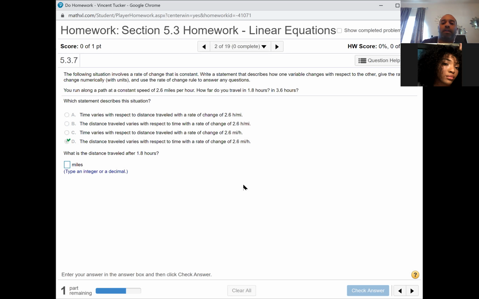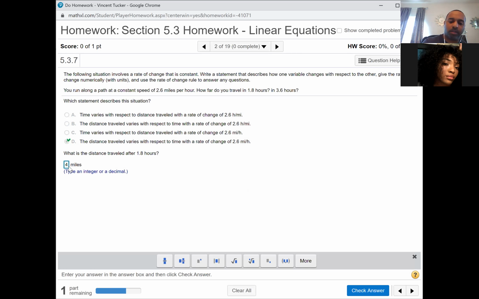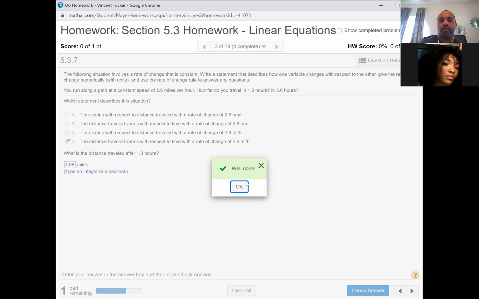Okay, next, how far do you travel in 1.8 hours? All we're gonna do is take that 2.6 and convert it to hours by multiplying it by that 1.8. So 2.6 times 1.8 is 4.68. Same thing for the next one.